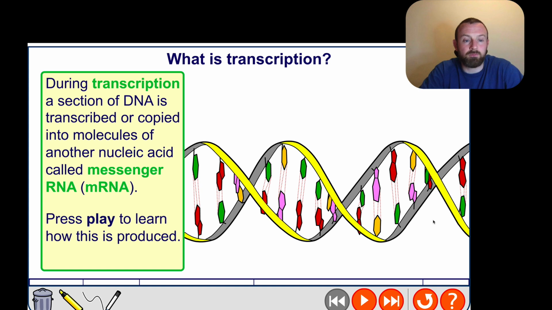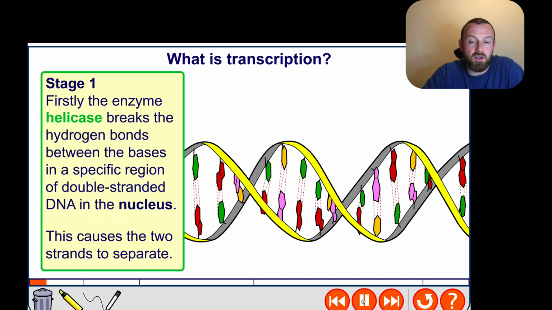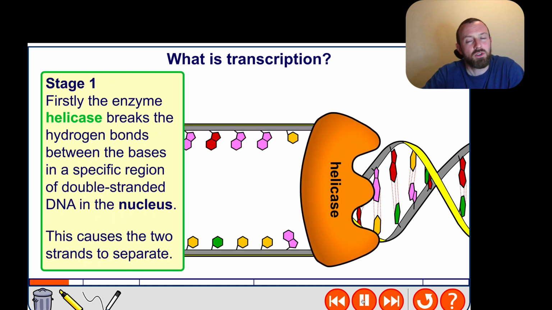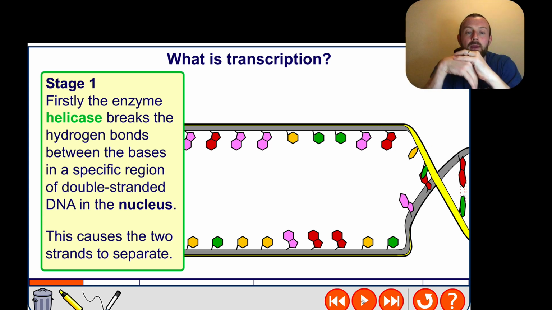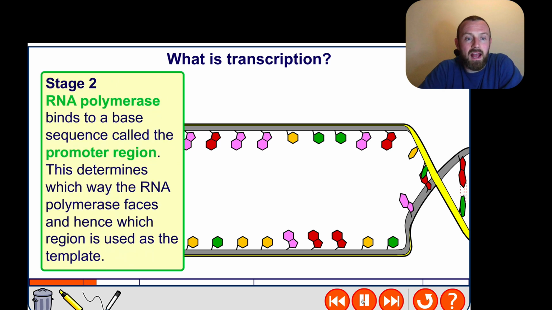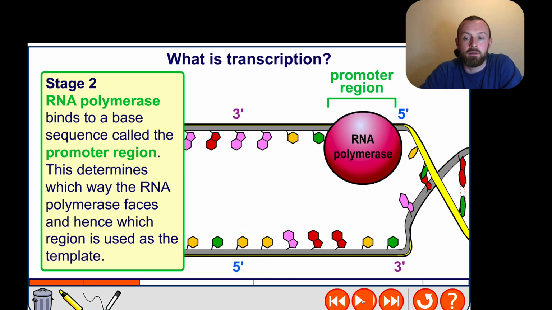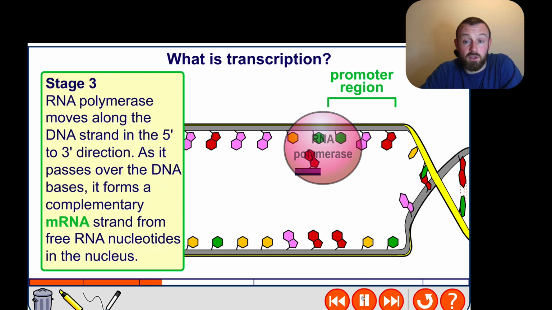Okay, so transcription. First of all, we have the DNA here, and it's twisted and coiled up. The first step is we have helicase enzymes and also gyrase enzymes that unwind and unzip the DNA, and they break the hydrogen bonds between the bases. Second, we have free nucleotides that float in and line up next to the nucleotides on the DNA.